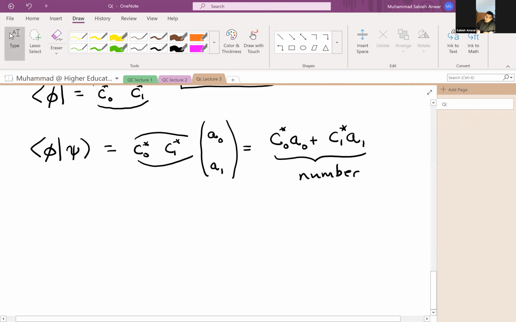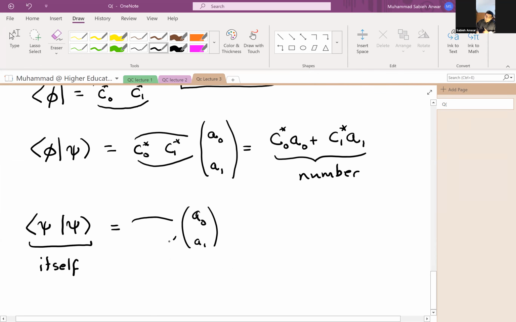If I were to take a ket psi and find its inner product with itself, I'm just doing the projection of a vector with itself. Let's see what's going to happen. So my psi suppose is a0, a1. If I pre-multiply it with the row vector a0 star, a1 star, I will get a0 star a0 plus a1 star a1.